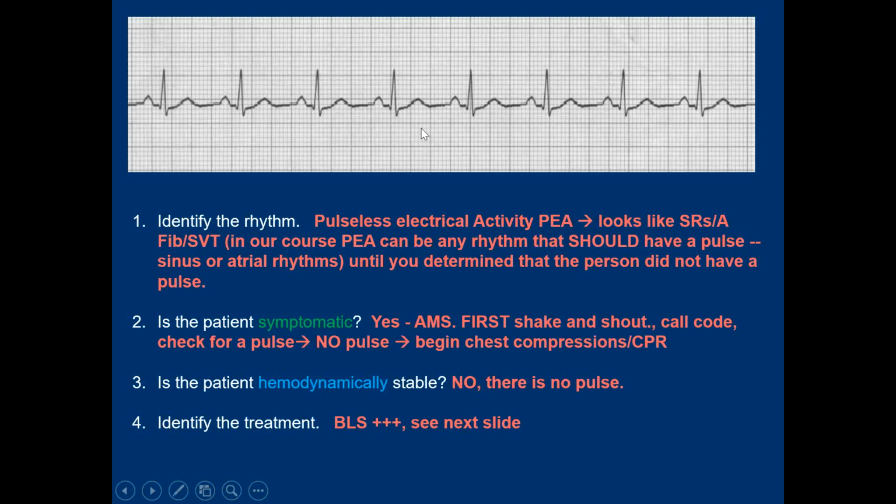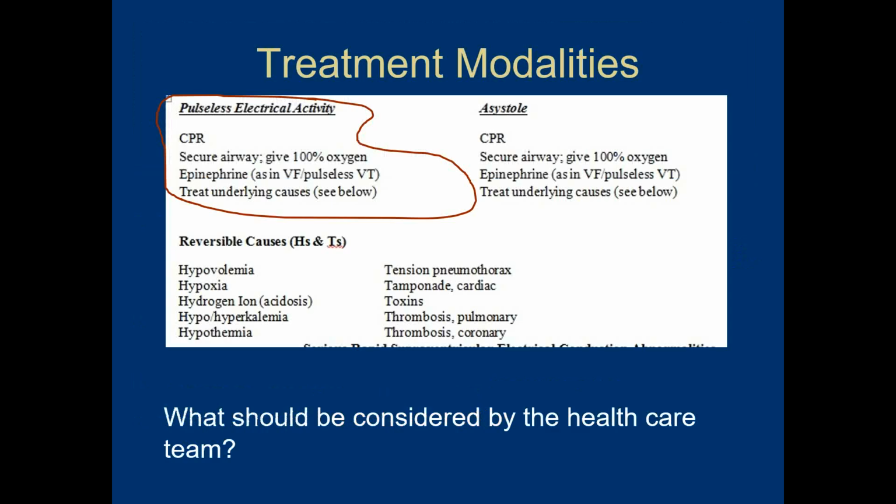And so therefore you have to follow your BLS. Hey, are you okay? No response. Call for help. Check pulse. Begin compressions. And then once CPR is being given, that is also your clue that epi has to be given. Every time a person's doing compressions, epi's the drug of choice. Epinephrine, IV push. Epinephrine is linked to CPR.